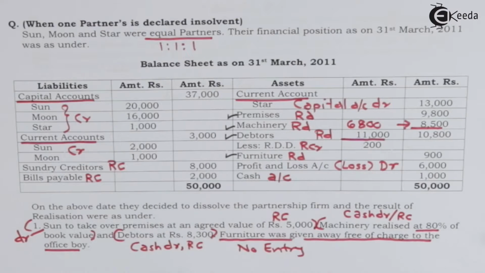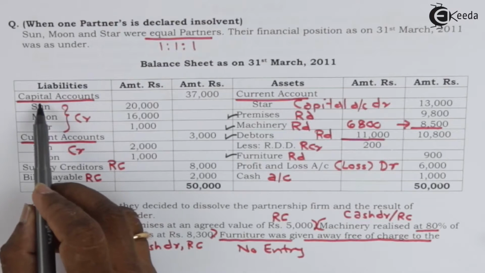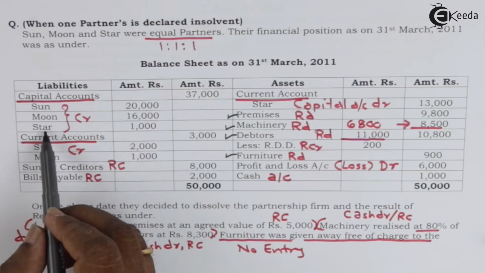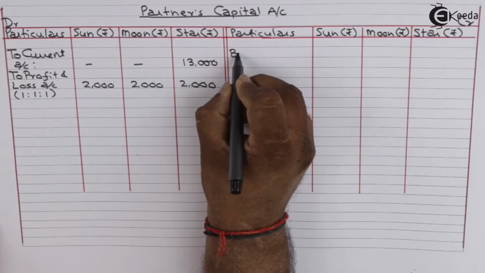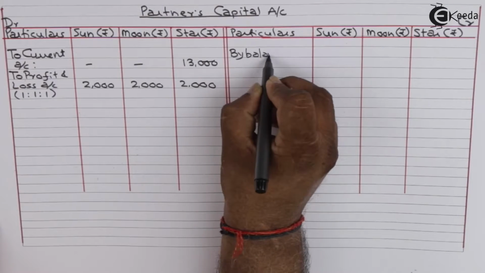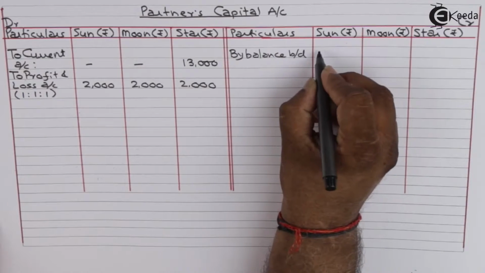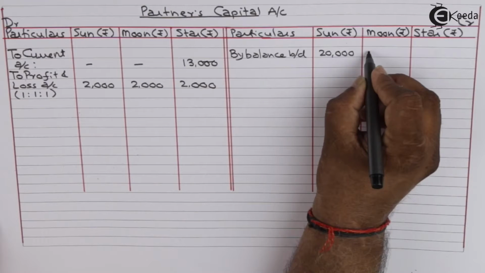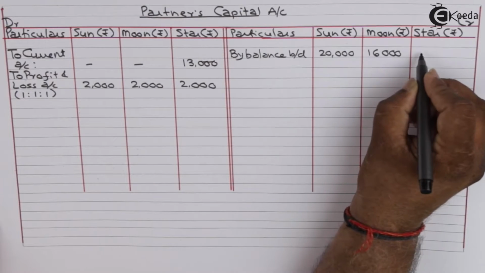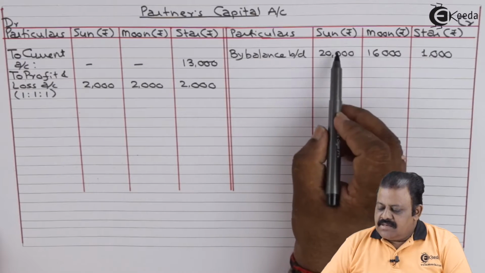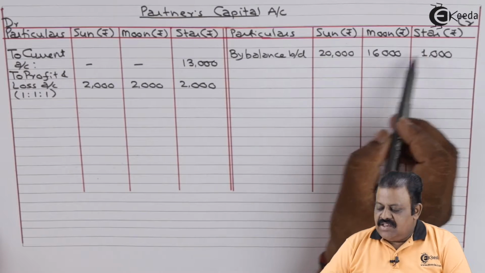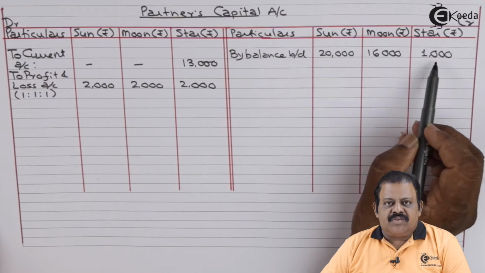The asset side is transferred. Let us move to the liability side. Capital of Sun, Moon, Star will be transferred to the credit of partners' capital accounts. By balance brought down Sun 20,000, Moon 16,000, Star 1,000.